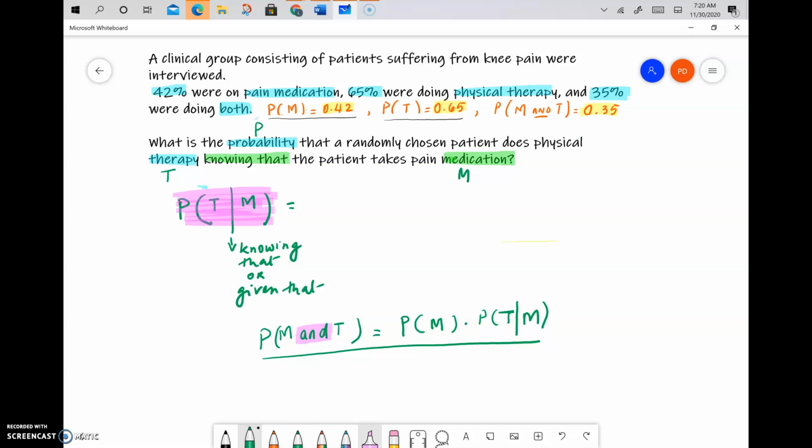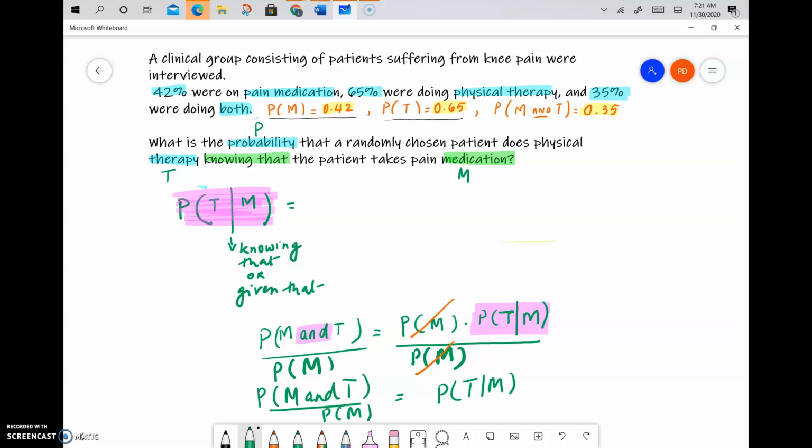So this is the formula, multiplication rule for events M and T that are not independent of each other. Now, remember that if we have to solve for P of T given M, we can divide both sides by P of M. That cancels the P of M out, and we have P of T given M is equal to P of M and T divided by P of M. So this is the formula we're going to use.